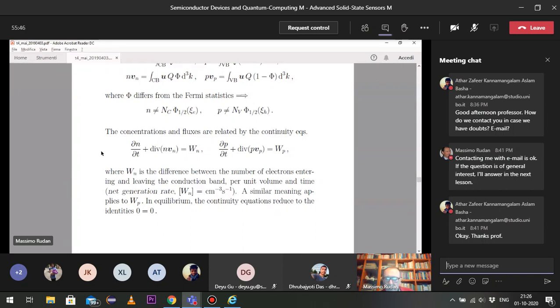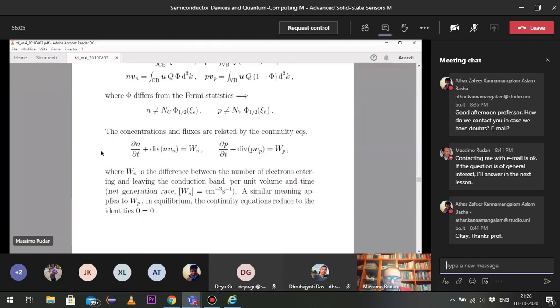Okay, the question is, are they sufficient? And the answer is no. Why? Because we have introduced two equations, the two continuity equations for the electrons and holes.